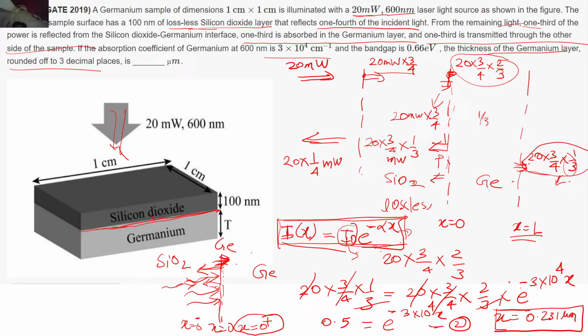So this is the thickness of the germanium material that we will be having, and the only trick in this question was they wanted us to calculate the power that is present just on the right side of the germanium silicon oxide interface. If you had taken the power which is coming just into the germanium without taking into account the reflection, you would have got the wrong answer.